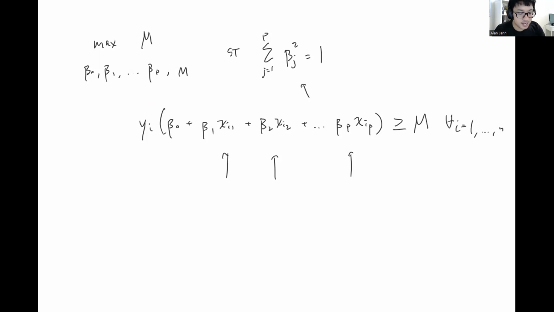And so it's not necessarily the case that you will always have identical SVMs depending on the way in which you choose your kernel, like if you do radial versus polynomial, because it treats the flexibility in slightly different ways.